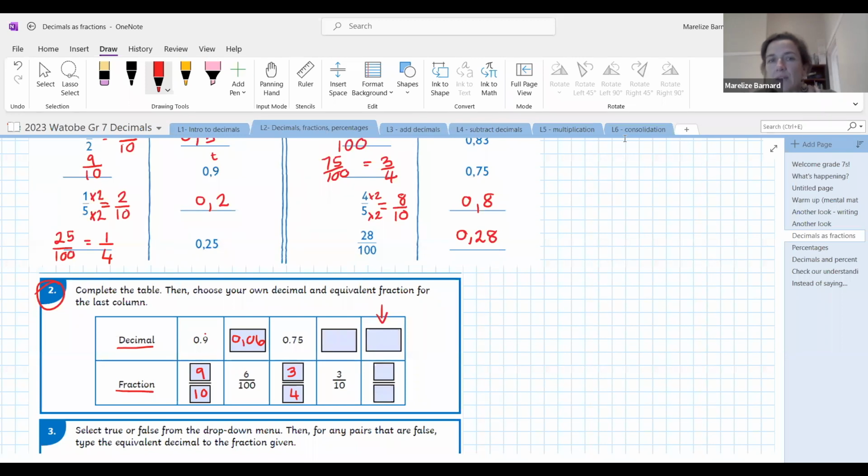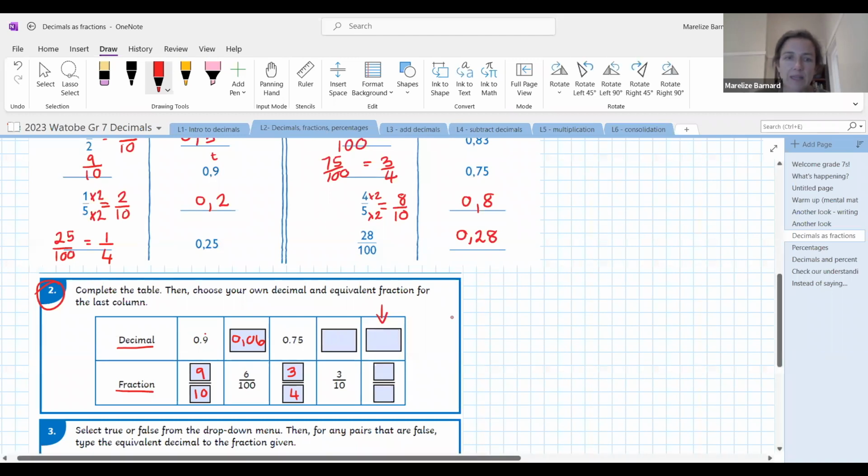We look for the biggest number that goes into 75 that also goes into 100, and that number is 25. That's how we get 3/4, because 75 divided by 25 gives me 3, and 100 divided by 25 gives me 4. Oh, okay, ma'am.